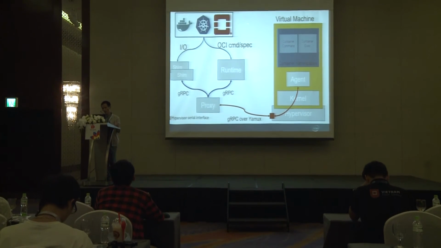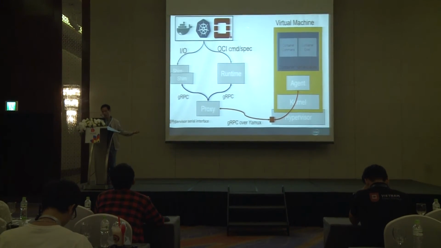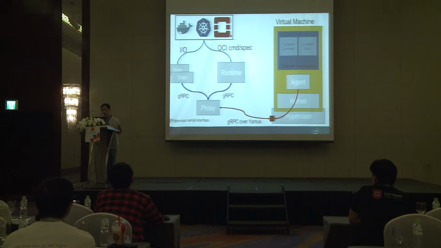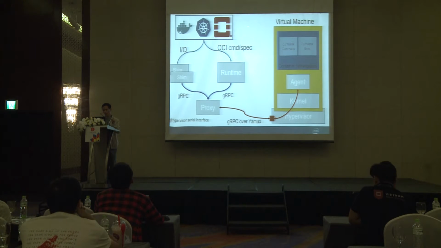In the virtual machine, there are three components: hypervisor, kernel, and agent. We talked about the hypervisor, and we also talked about the guest kernel, right? The agent here is a daemon process running in the virtual machine to receive this command and launch the container inside the virtual machine.